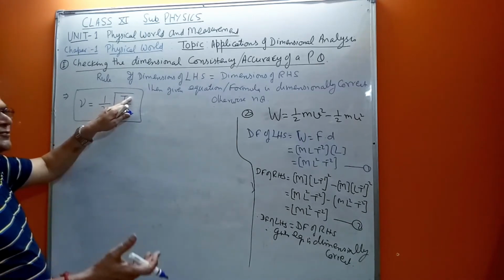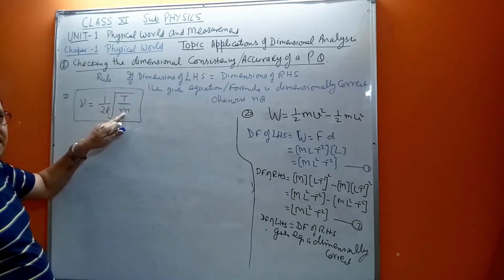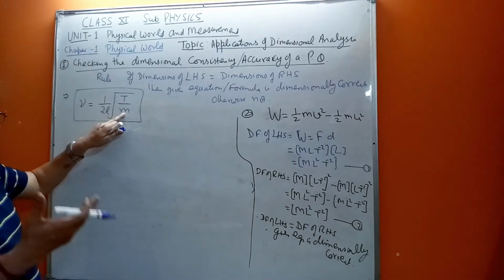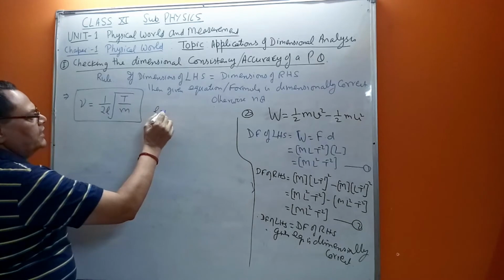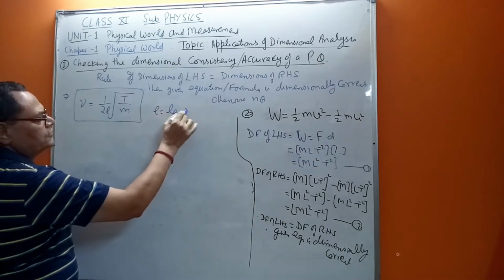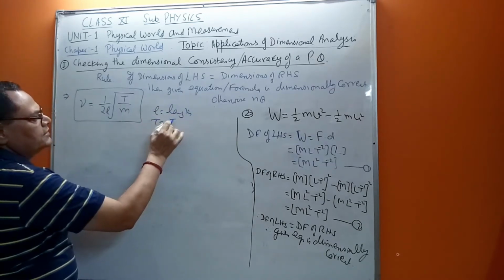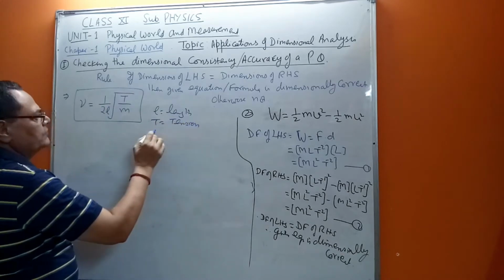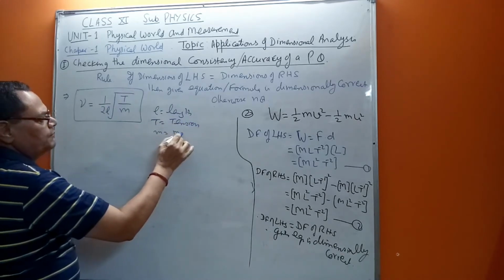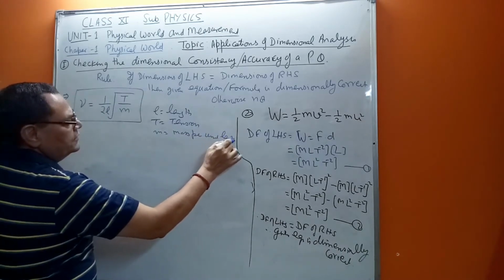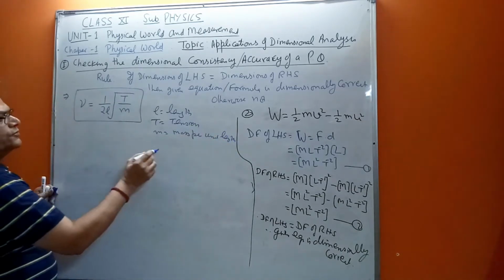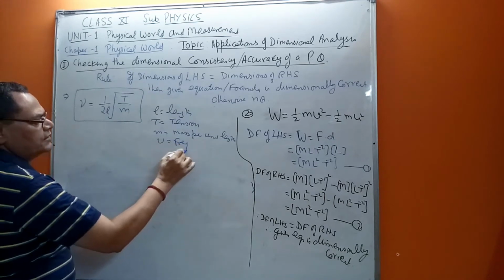Tension is nothing but force, and m is the mass per unit length. So here you can state L is the length, T is the tension, m is mass per unit length, and nu is of course the frequency.